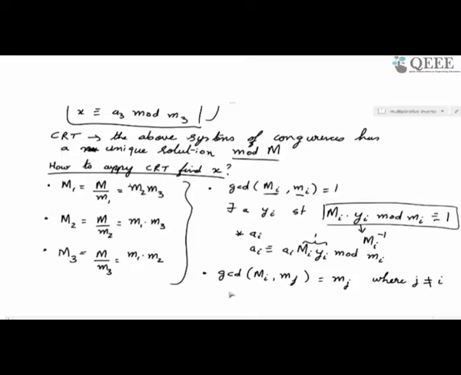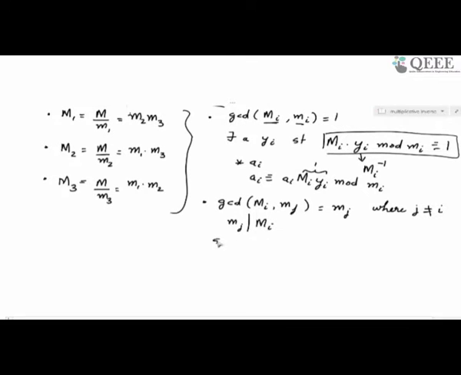This is because, by the way we defined the capital M's, for example, capital M1 is a product of small m2 and m3. Therefore, the GCD of M1 with m2 will be small m2. So we have that mj divides Mi.